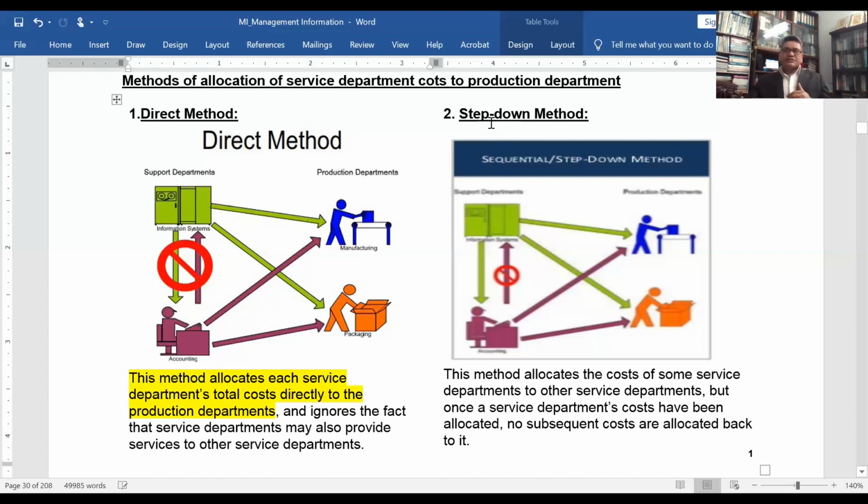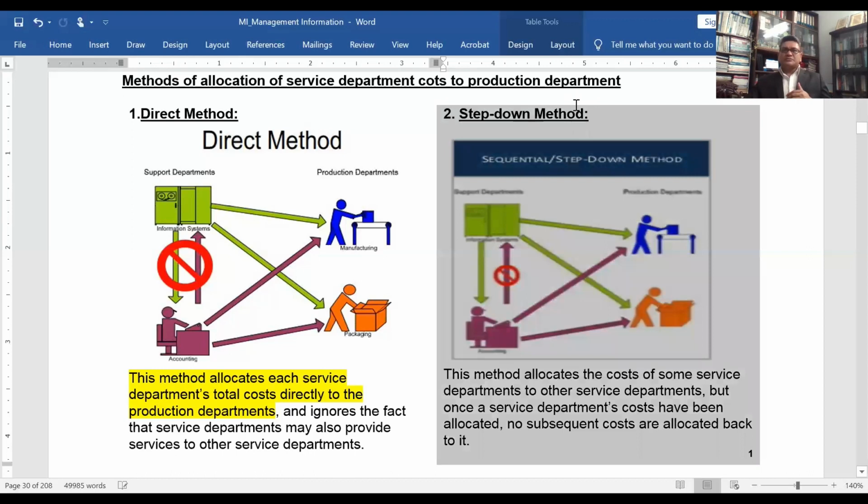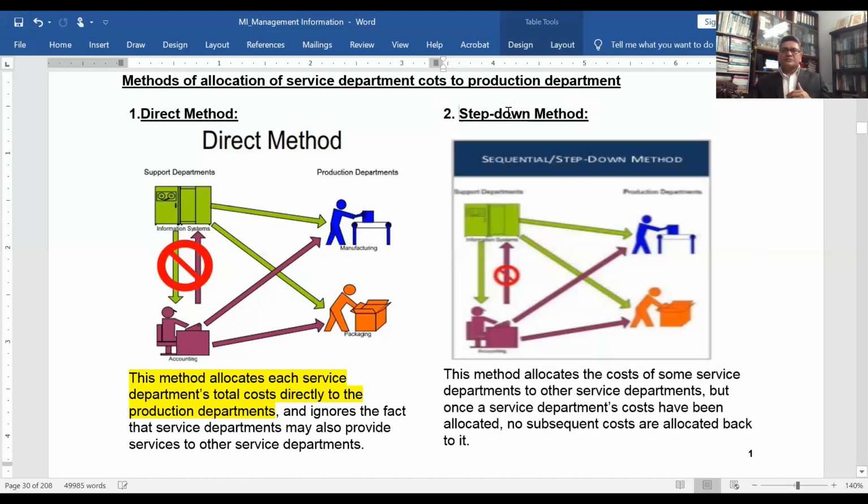And if you see the step-down method, this method allocates the cost of some service departments to other service departments, but once the service department costs have been allocated, no subsequent costs are allocated back.